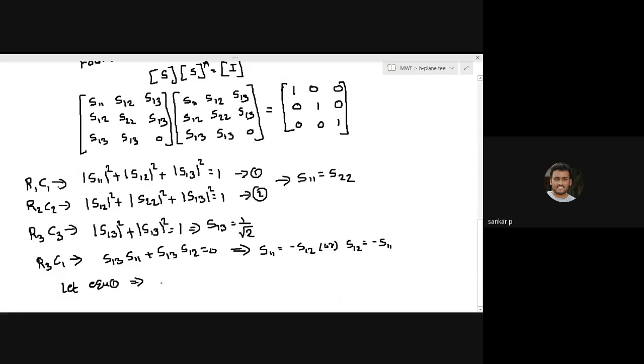S11 square plus S12 square equals, now minus S11 square, anyhow it will become S11 square. Then we have S13 equal to 1 by root 2, S13 square equal to 1 by 2, that equals 1.